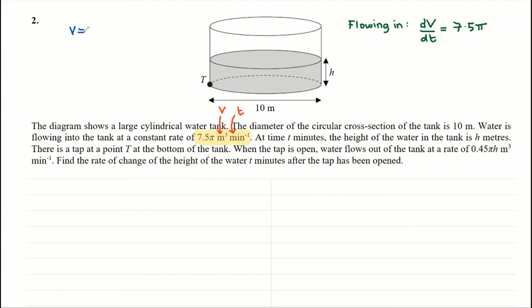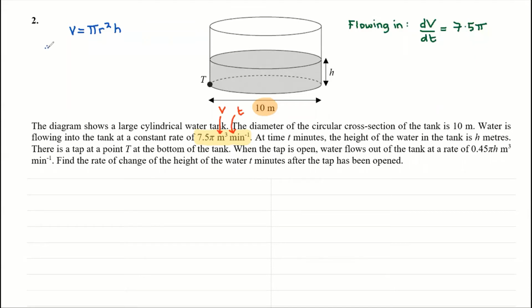The volume of water is going to be pi r squared h, okay? Now, h is the variable. R, in this case, is fixed because it's a cylinder. And you can see from the diagram, because the diameter of the cross-section is 10 meters, then we can now say that R is 5.